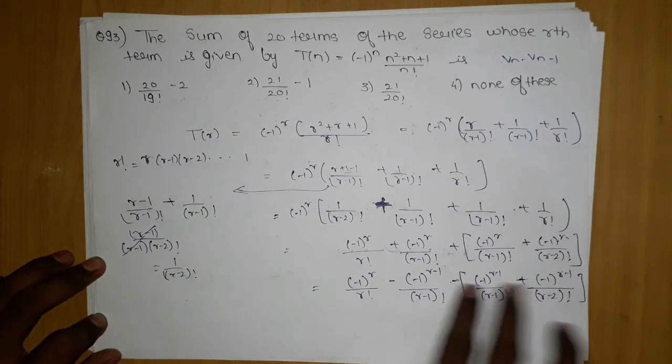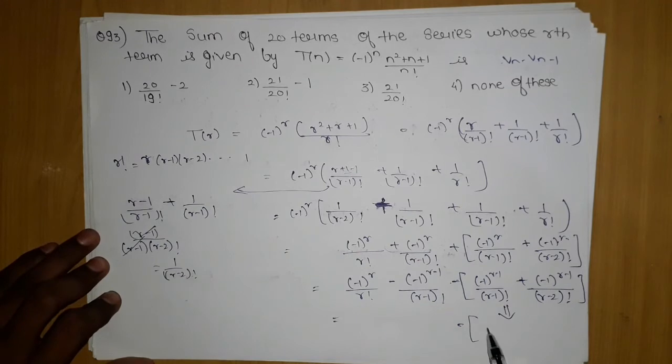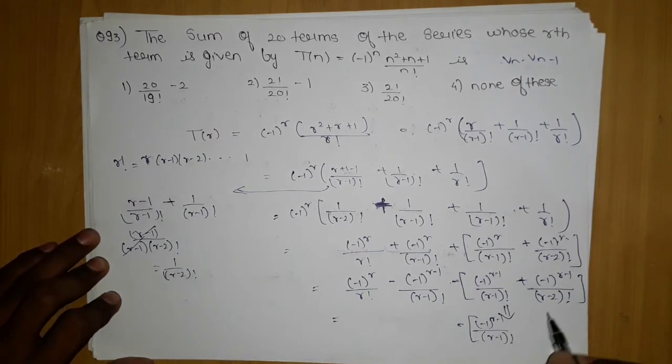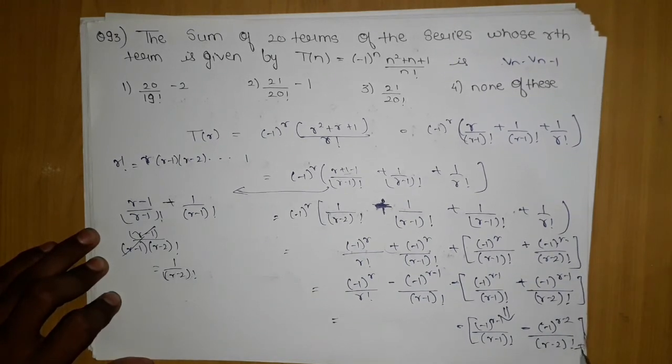Fine, I have taken minus 1 from both of them. In the next step, only this step I will write: minus will be here only, minus 1 for r minus 1 upon r minus 1 factorial. I will take minus again, because I have to create Vn minus 1, so it will be minus 1 upon r minus 2 upon r minus 2 factorial. Hope you have understood this step.